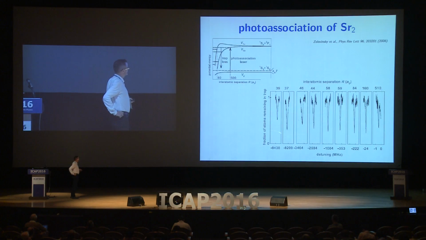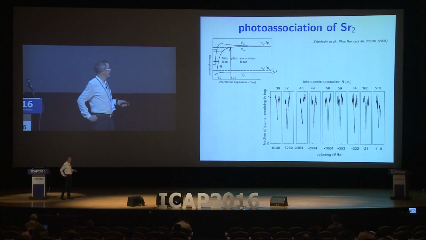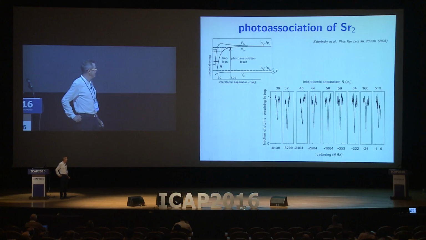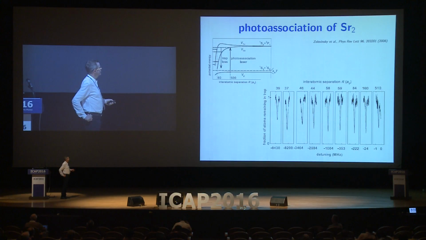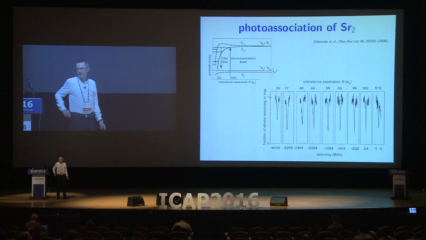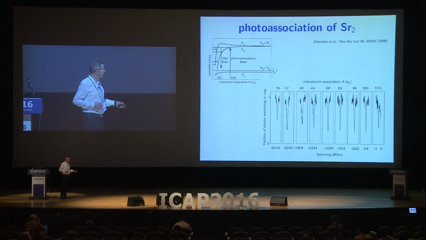Now, if you look at the spectrum that she obtained, you see a very nice progression of vibrational lines. I would like to draw your attention to the energy scale and to interatomic separations. Looking at the energy scale, you see that these molecules are very loosely bound. This is energy in megahertz.